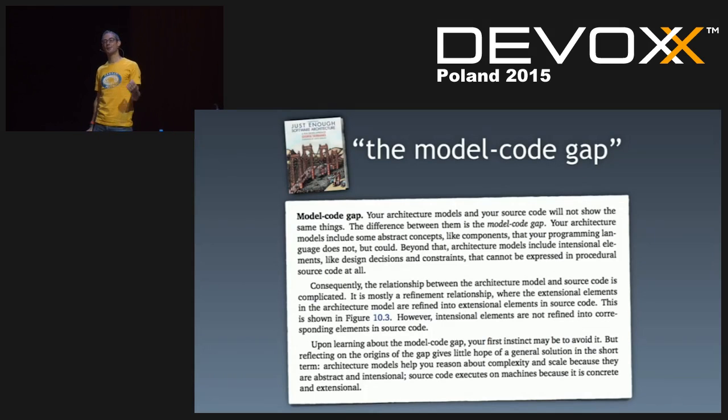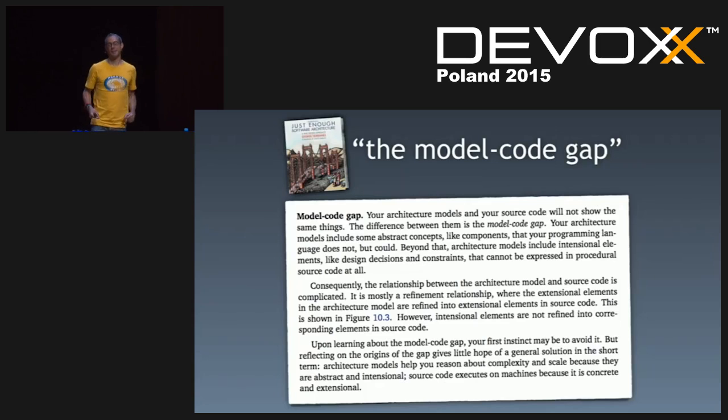And in his book, he talks about the model code gap. So in other words, there's a gap of understanding between the model of our system, the architecture, and the code. The model is all about abstract constructs like modules and components and services. But in the code, well, that's code. It's packages and classes and interfaces.